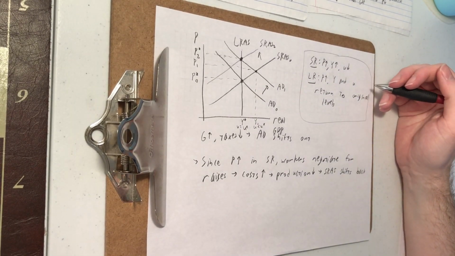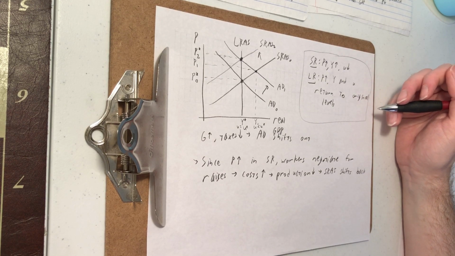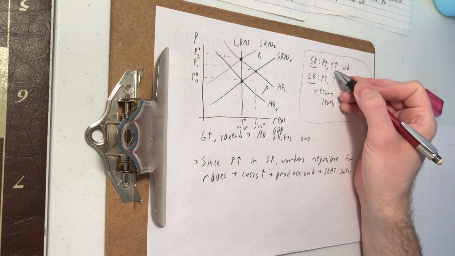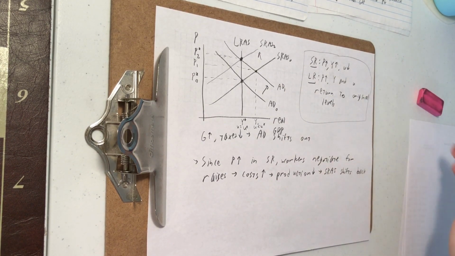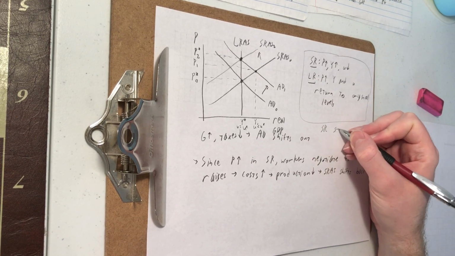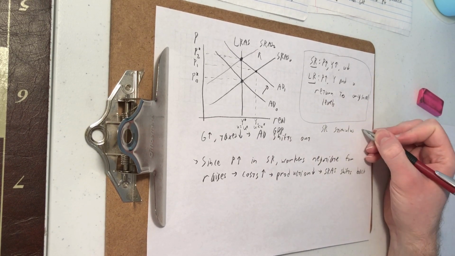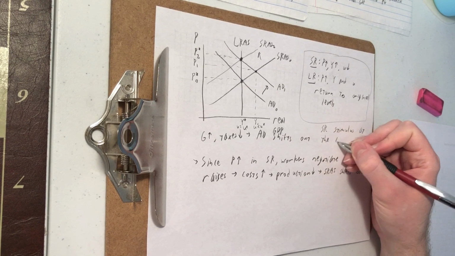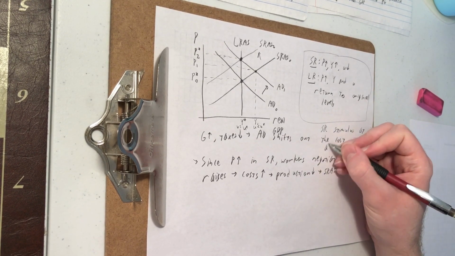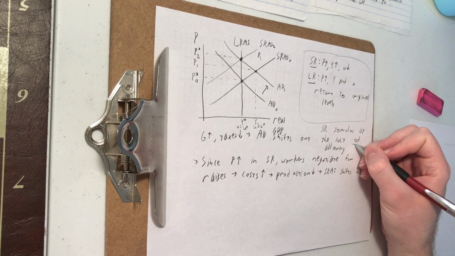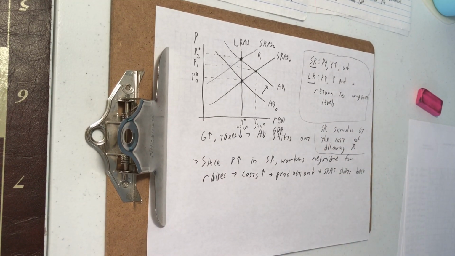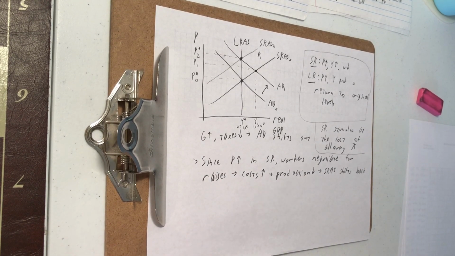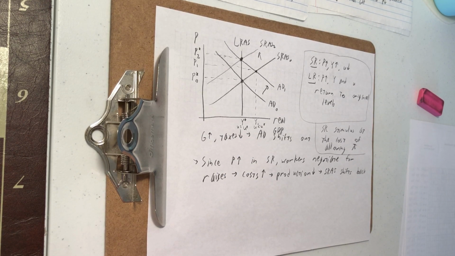So to summarize, expansionary fiscal policy gives you a temporary boost, higher GDP, lower unemployment, but also gives you inflation. That's what happens if you start at equilibrium.